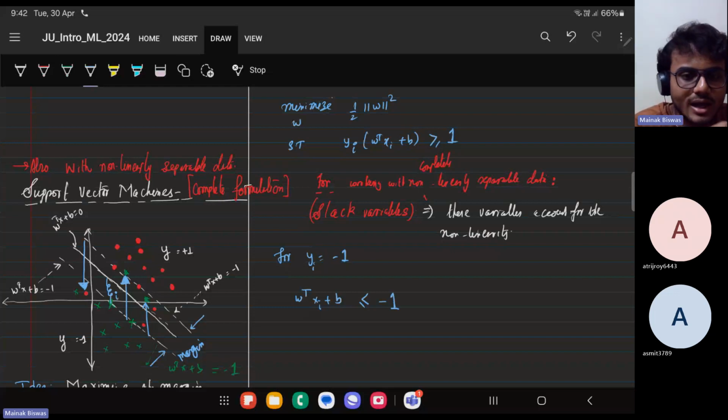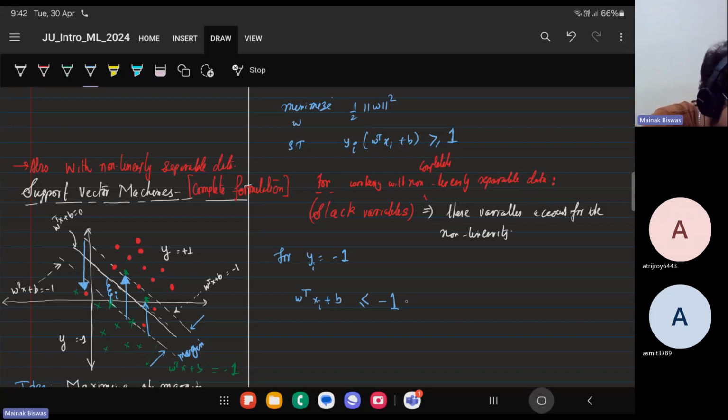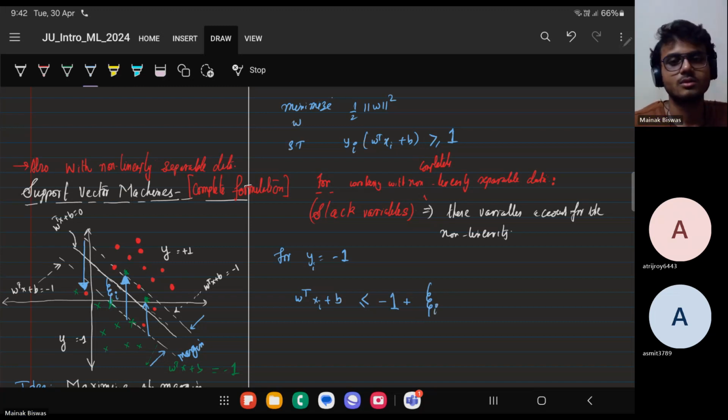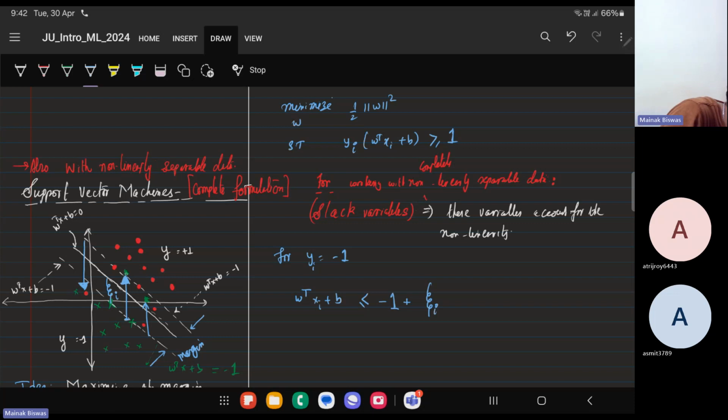But to account for this change that I have xi I, what can I write? It will be less than. Yes or no? I'm just adding this error that I'm going to get. This has to be less than this value, because we do not know that already.